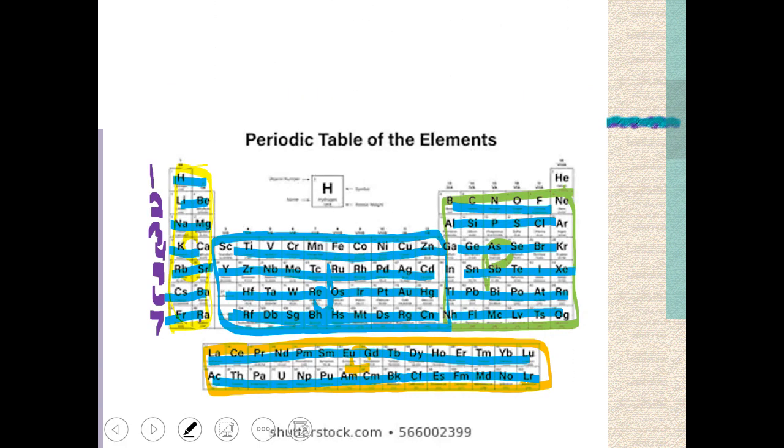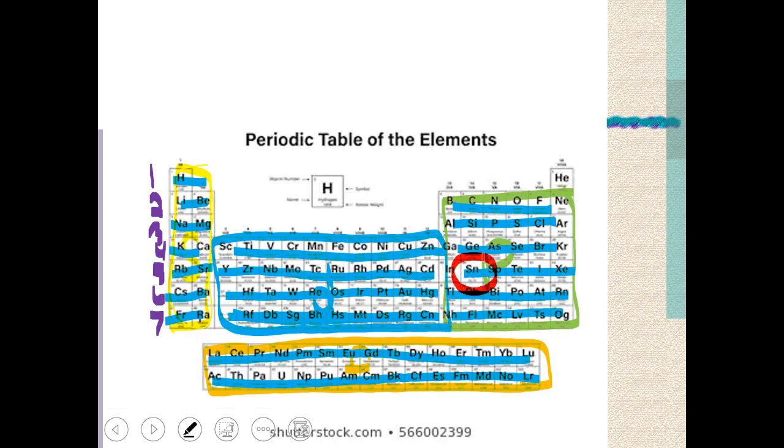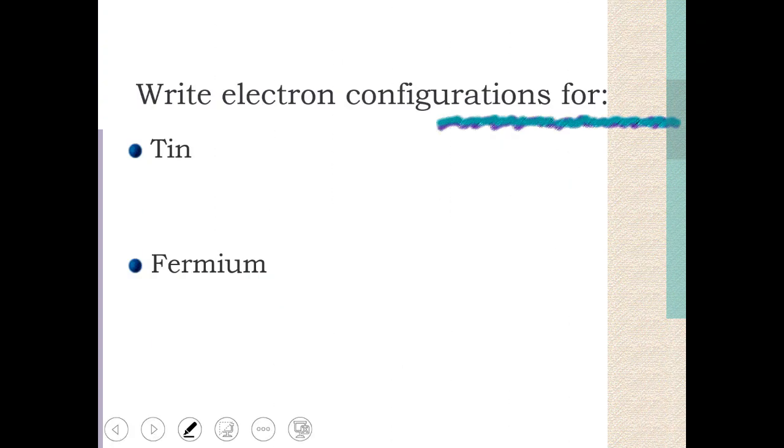So if you look where tin is located, tin is right there. It's in the P block, it's the second one over, and it's in the 5th row. When we're done writing its configuration, it should end with 5p2. So we start filling them in.